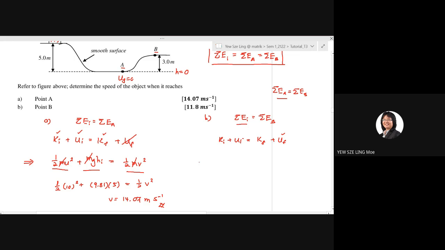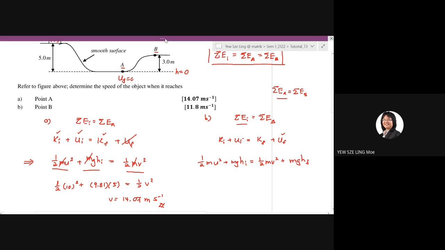So which means now we're going to plug in everything. 1/2 m u squared plus m g h initial equals 1/2 m v squared plus m g h final. Again, we don't have m, but all 4 terms come with m, so we can cancel it out. Don't include m in our next step.